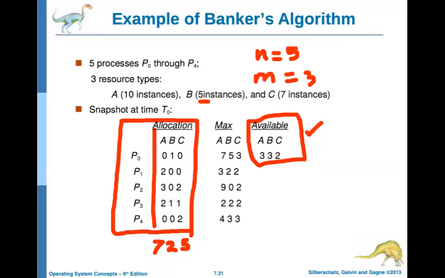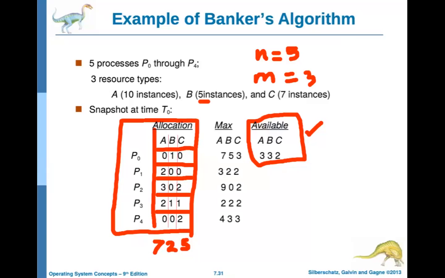So you think of this as an n by m matrix, where n, the number of processes, is 5. Yes, this is something like this. Now imagine this as a matrix, right?